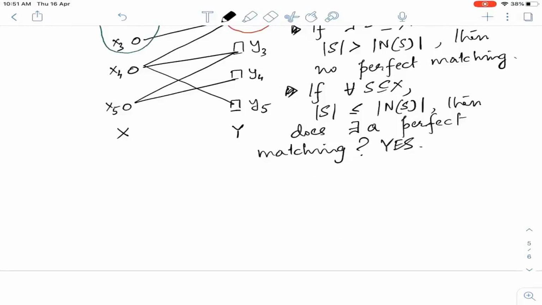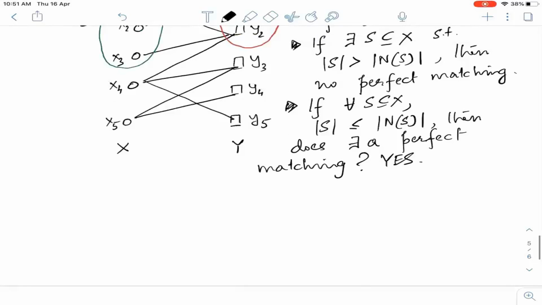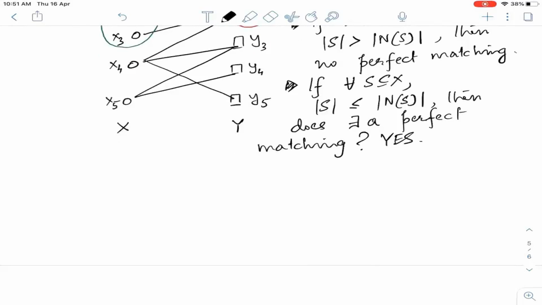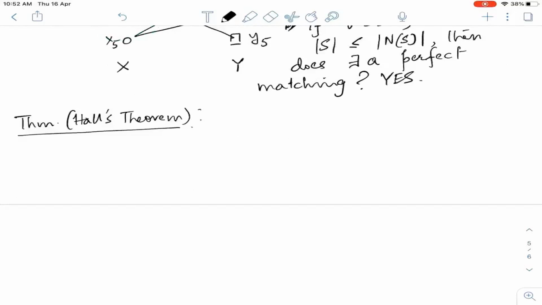And this is formalized by a very, very well-known theorem in graph theory and matching theory, which is known as Hall's theorem. Okay, so this is Hall's theorem. So it essentially says that this is an if and only if condition.